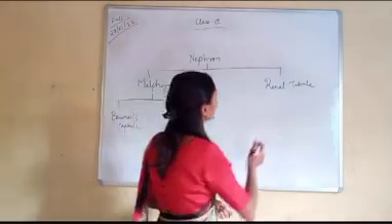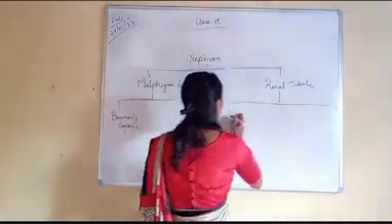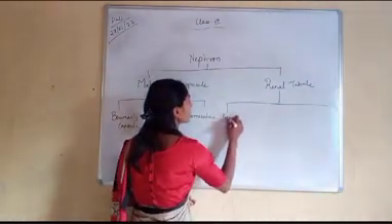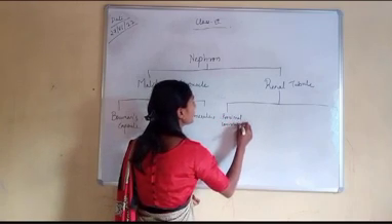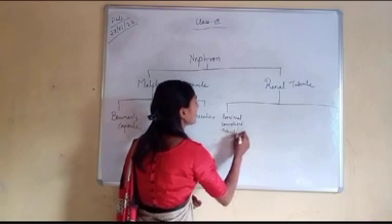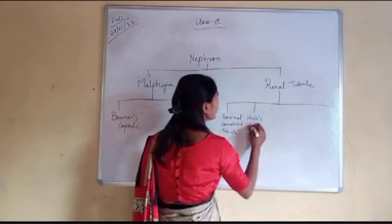And the renal tubule is divided into four parts, isn't it? First one is your proximal convoluted tubule. Second one is your Henle's loop.